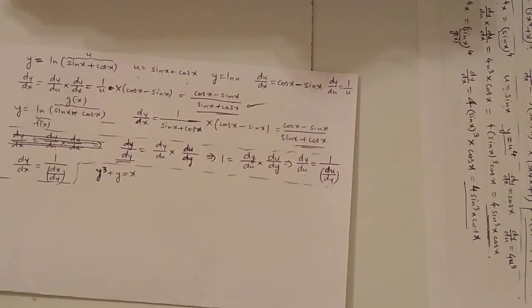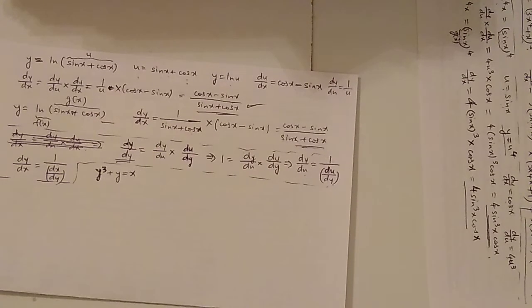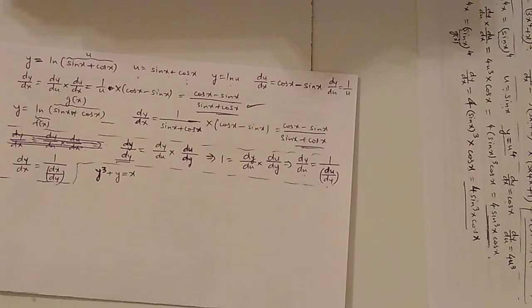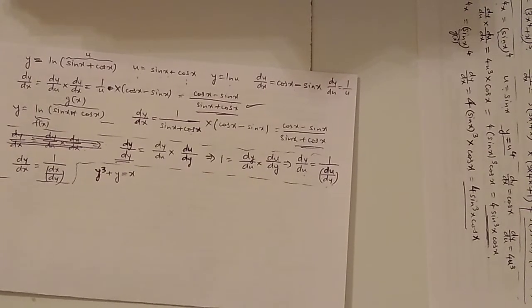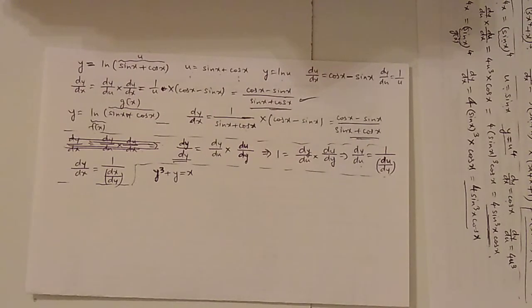Notice that we cannot directly find dy by dx because we do not have y separately on one side of the equation. We have a y and a y cube, and thus differentiating this equation is not as simple as the other equations that we've encountered before.